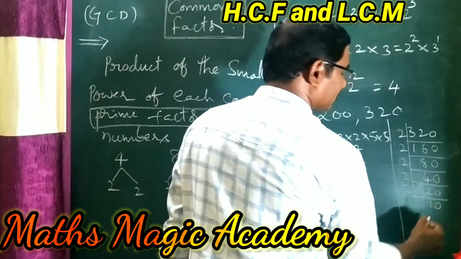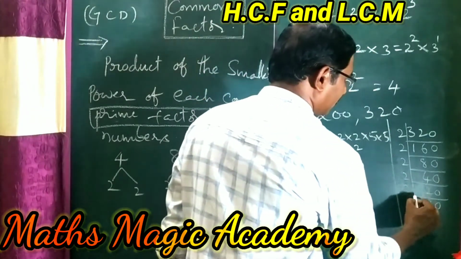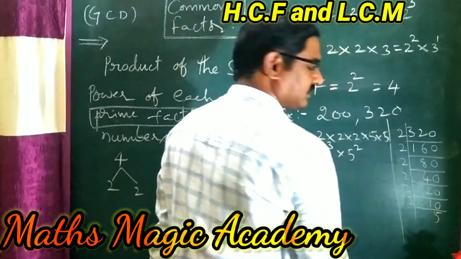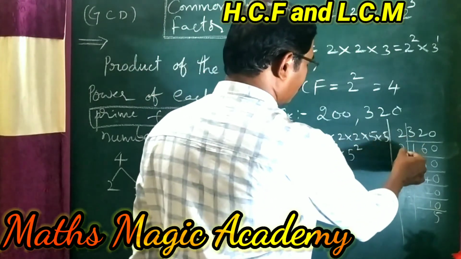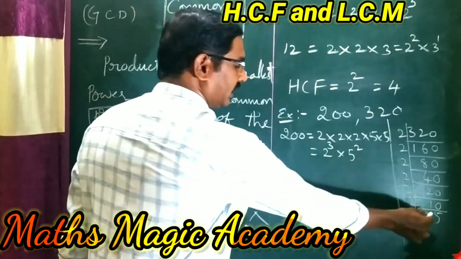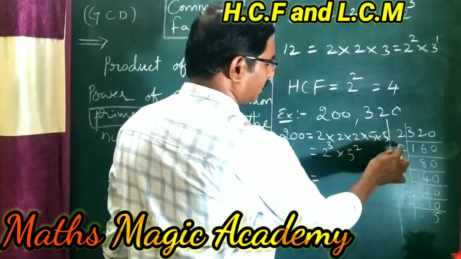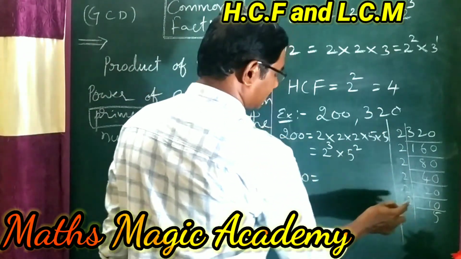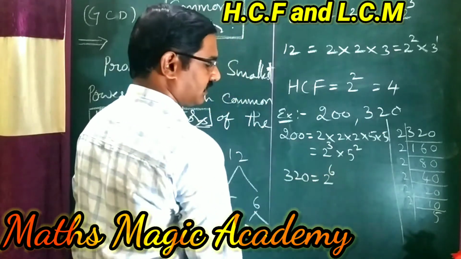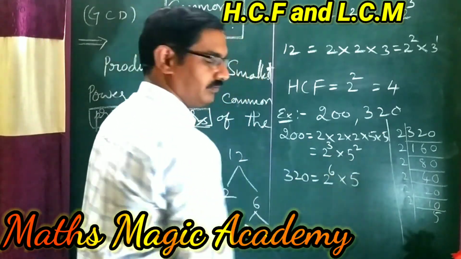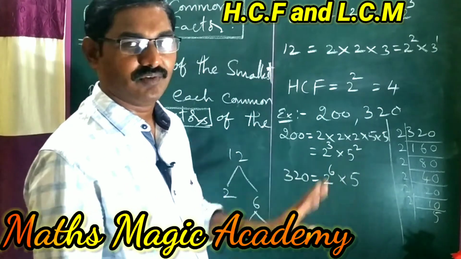Again 2 tens are 20. Again 2 fives. So now here we have 2 2 2 2 2 2 into 5. So 320 can be written as 1 2 3 4 5 6, so 2 power 6 into 5.